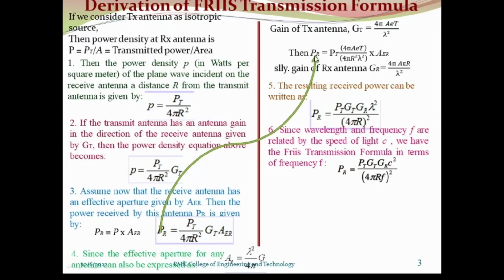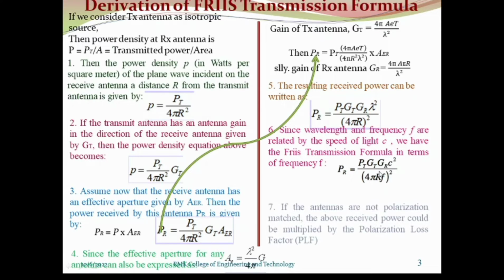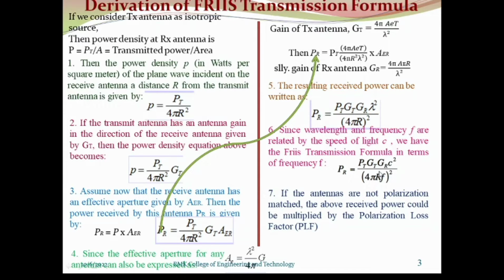After that, lambda can be replaced in terms of C by F, then this is the relation for that. So now this is the final relation of received power. Using this Friis transmission formula, we can find out the received power of any communication system.